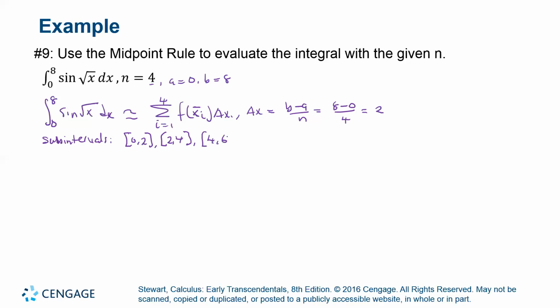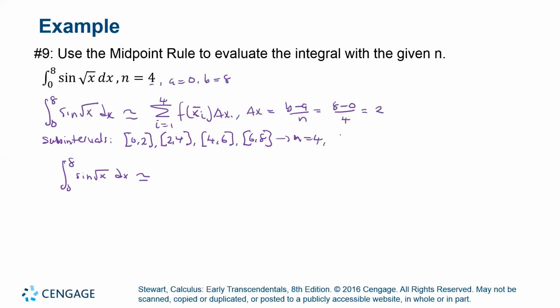Then 4 to 6, and then 6 to 8. Now you see that there are n equal to 4. All right, so then the integral from 0 to 8 of the sine of square root of x with respect to x is approximately equal to, okay.